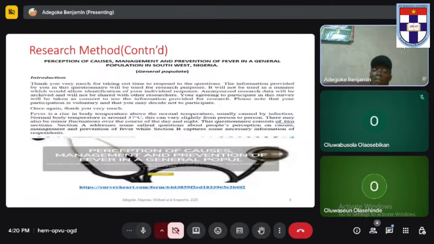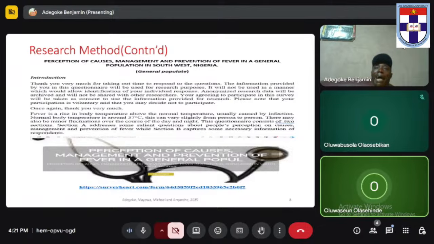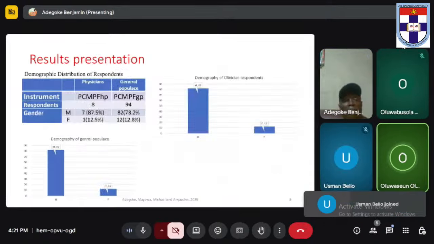This is the front page of the questionnaire administered on the general populace. The general populace covered Osun State, Ondo State, and Oyo State. The same thing for the clinicians.